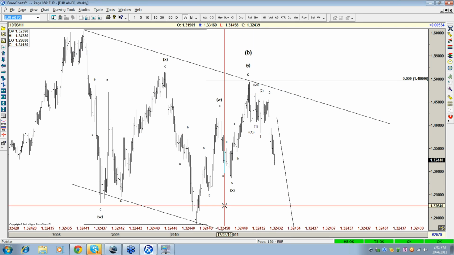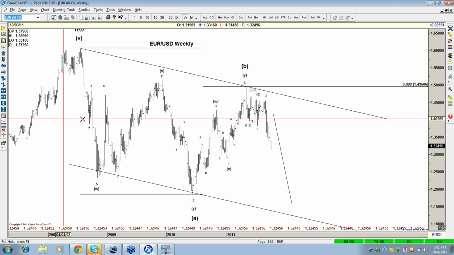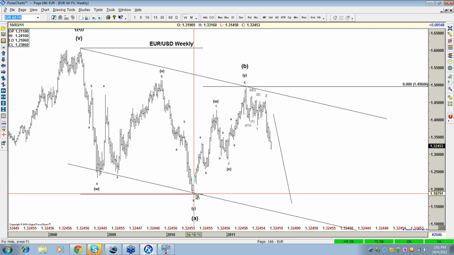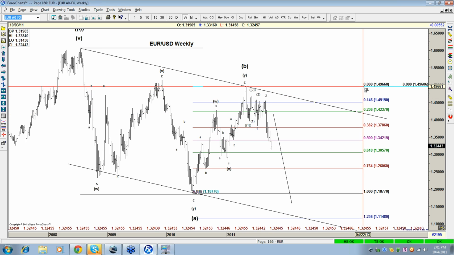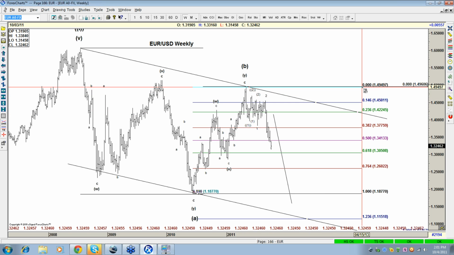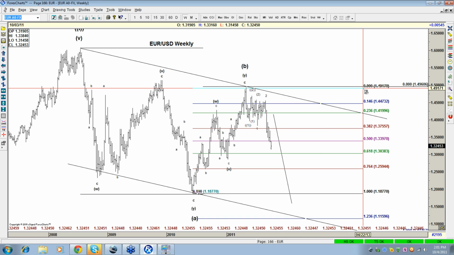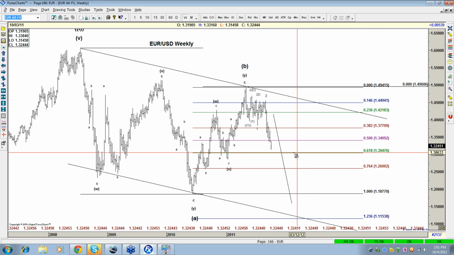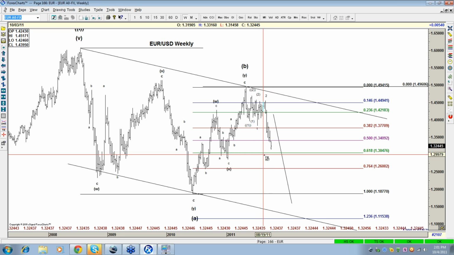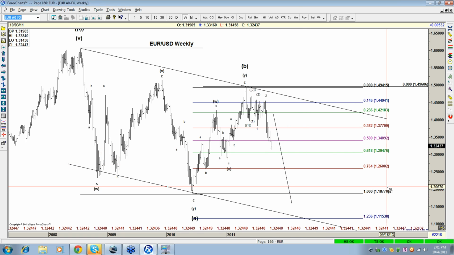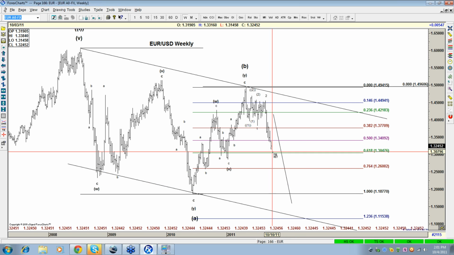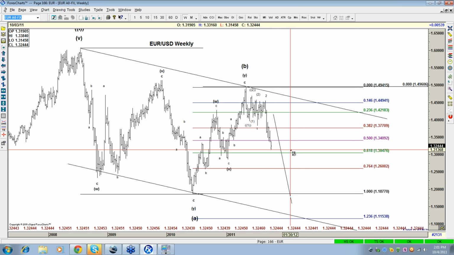He says that the 618 here comes at 61.50. So machines are going to buy around that area. Guarantee you that. A bounce, 618 always produces a bounce.